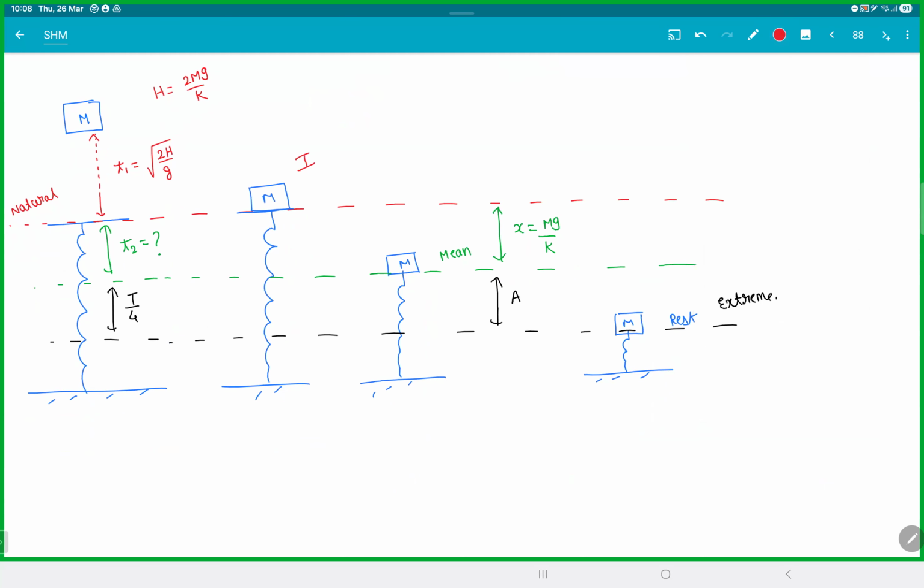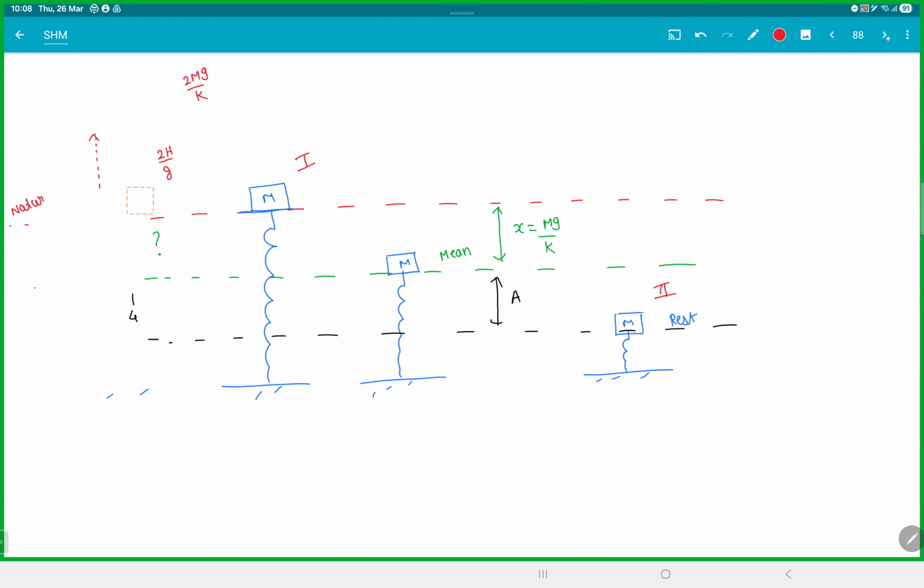Let this be state 1. Let this be state 2. So you can just ignore everything else here. I'm only taking these two places, state 1 and state 2. So loss in potential energy is equal to gain in kinetic energy.